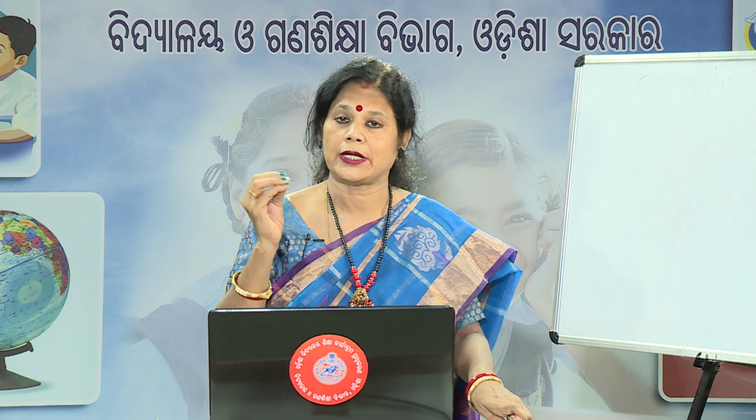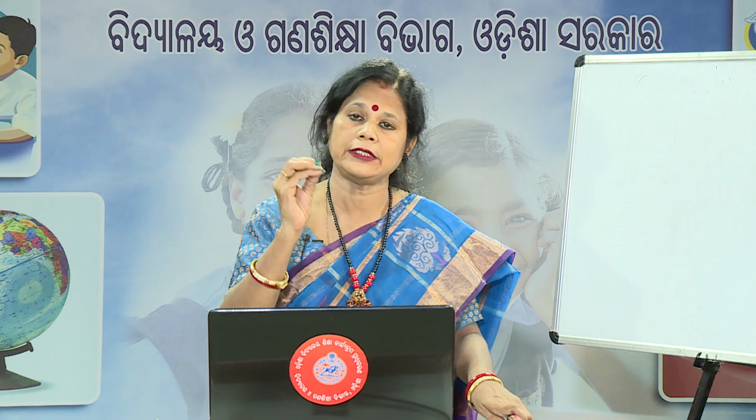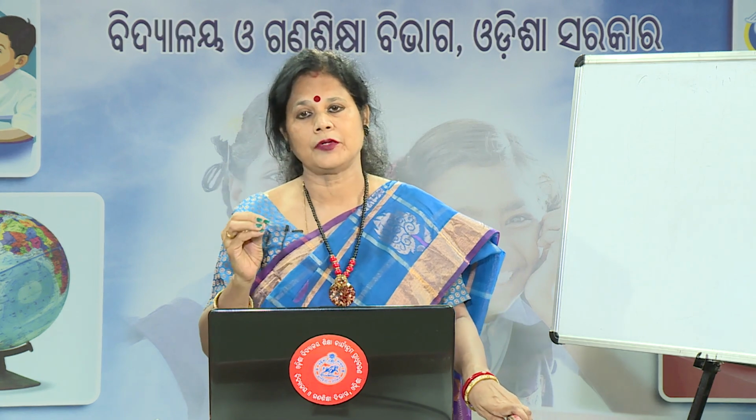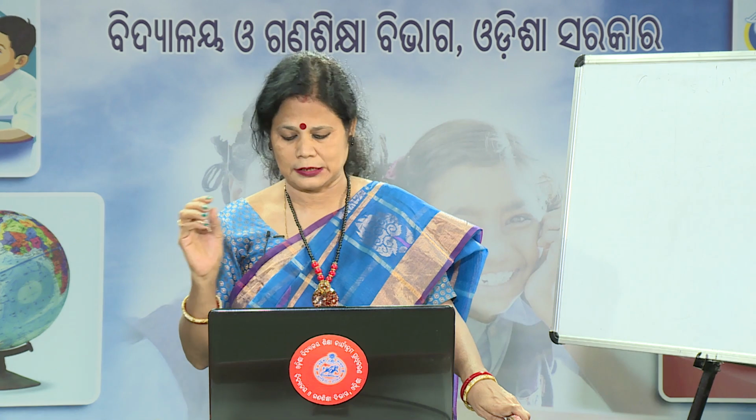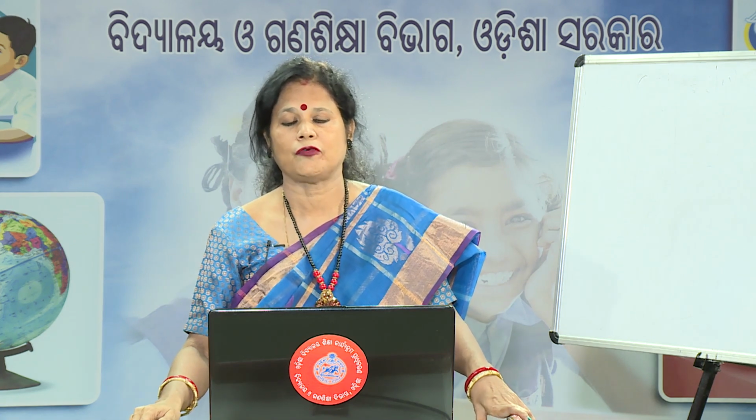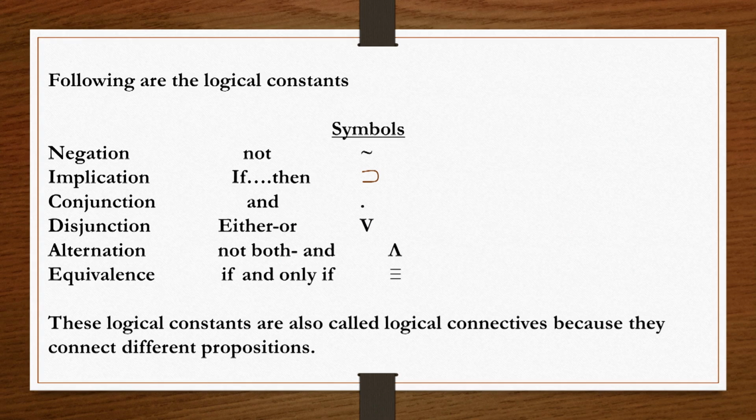We can write the propositions and the arguments in symbolic form with the help of variables and constants. Now you see these are the following logical constants. For negation, which means not, we use a curl sign.